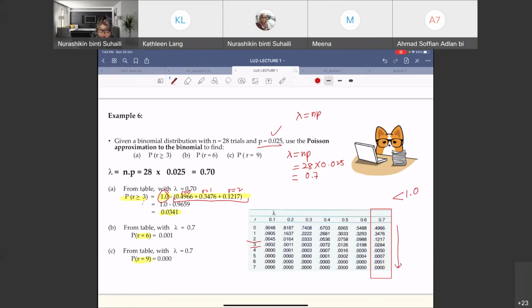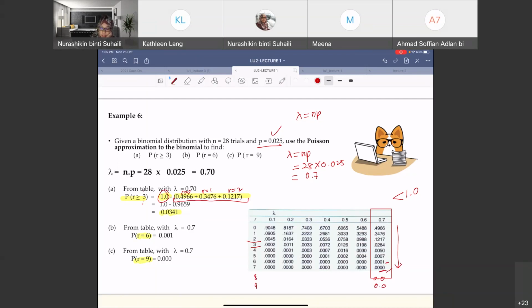It gets lower and lower, 0.3, 0.1, until at this point it is 0.0001, and when r equal to 7 it is 0 actually. So for anything more than that, like r of 8 or 9, even though it's not stated in the table, you can predict it is actually 0. There is no larger value than that anymore. It's not going to be 0.5.